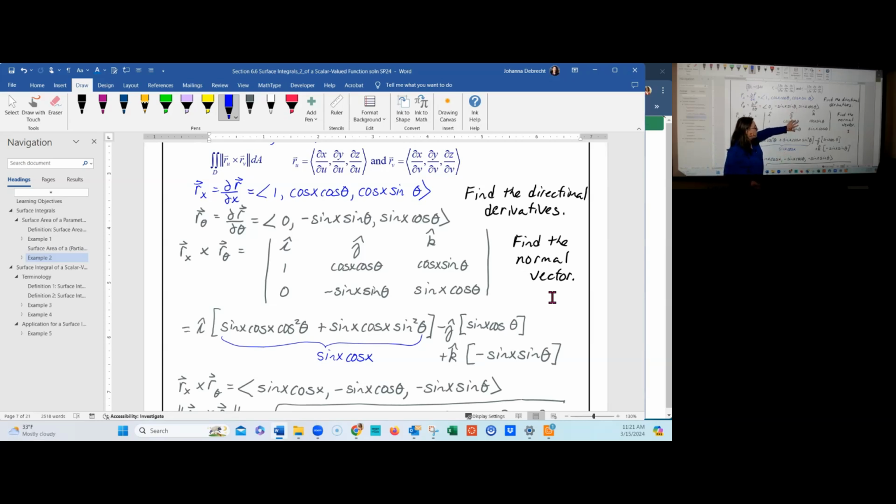Then I form the second component by taking minus j hat, since it's in the 1, 2 position. First row, second column, it's odd, 1 plus 2 is 3, so it's negative. And then I form the 2x2 matrix: 1 times sine x cosine theta minus cosine x sine theta times 0, which just zeroes it out.